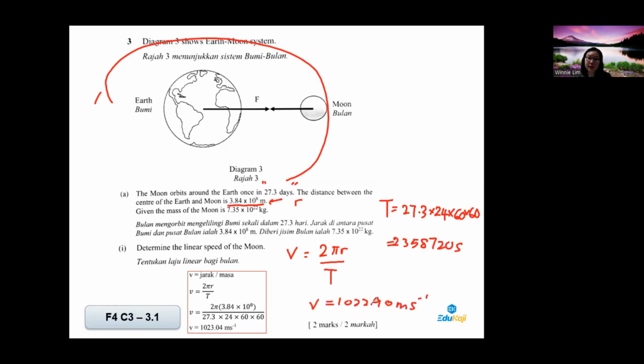So that's why they will still accept. Normally in the answer scheme, you don't need to worry. There will be a range of answers because they will take into account if the student presses 3.14 or 22 over 7. In SPM they are more specific, they will just tell you to use pi as 22 over 7, something like that. So you will have a more accurate answer.